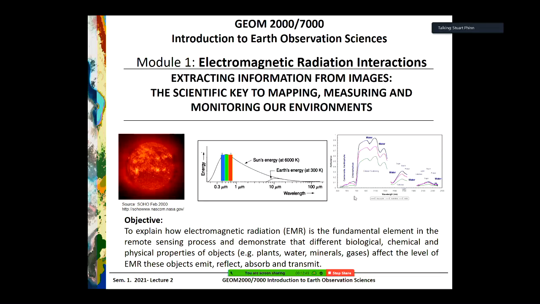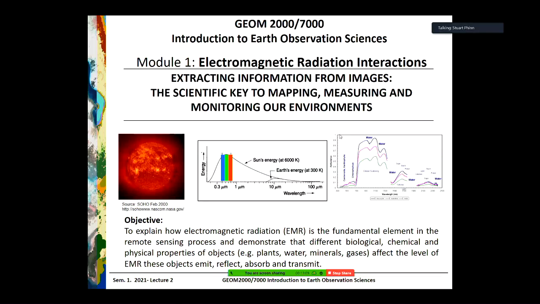So this graph on the right, you're going to see all through the semester, and it's a spectral signature graph for 3 different types of eucalyptus leaves in different colours there. So the x-axis is the types of light wavelengths, going from blue, green, red, and near infrared. And the y-axis is how much sunlight's been reflected.